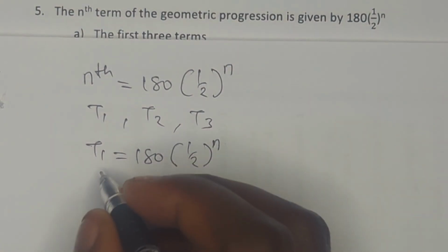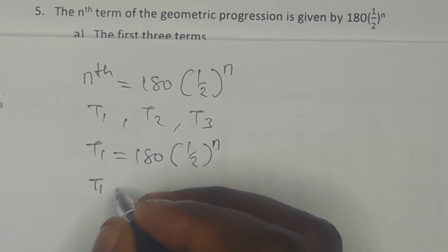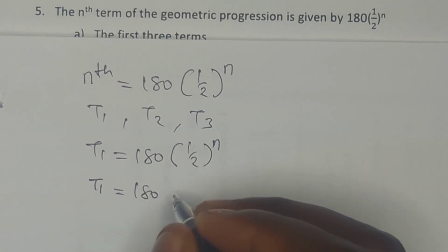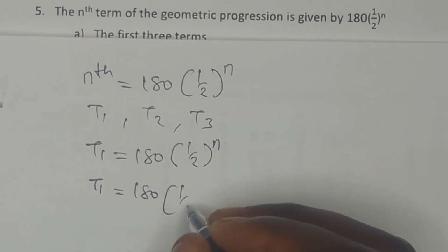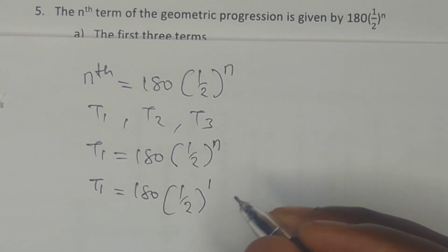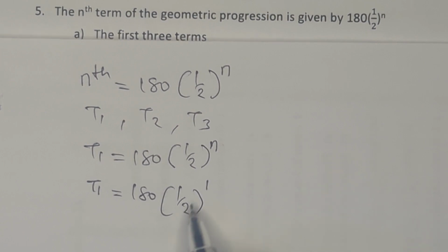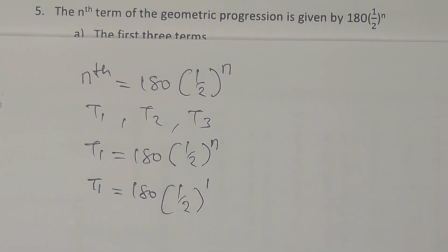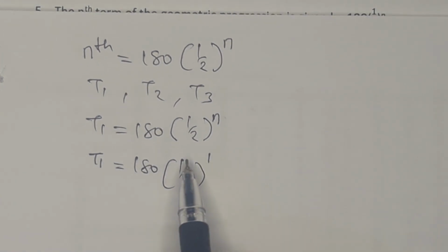So T1 is equal to 180 half to the power 1. Any number raised to the power 1 is that number. So half raised to the power 1 gives us a half.